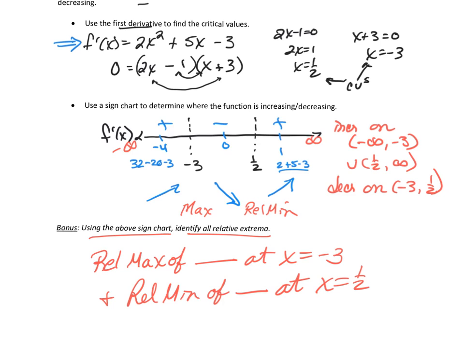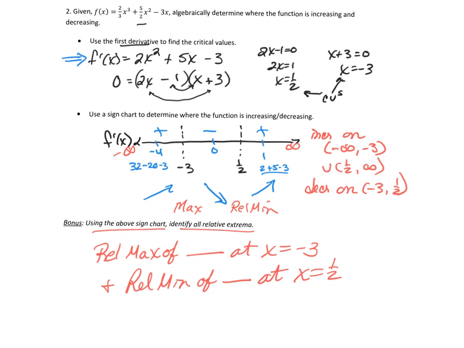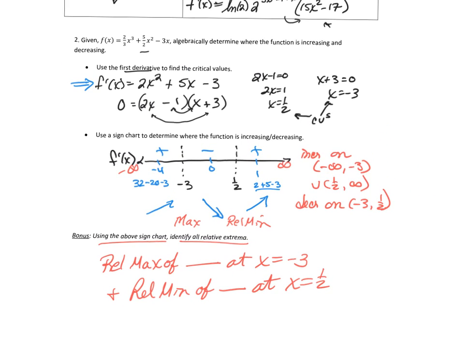To find those values, you need to substitute that back up into the original problem. And so you're going way up here. So this is going to be f of negative 3, and this guy will be f of 1/2. I'll leave you to find those numbers yourself.